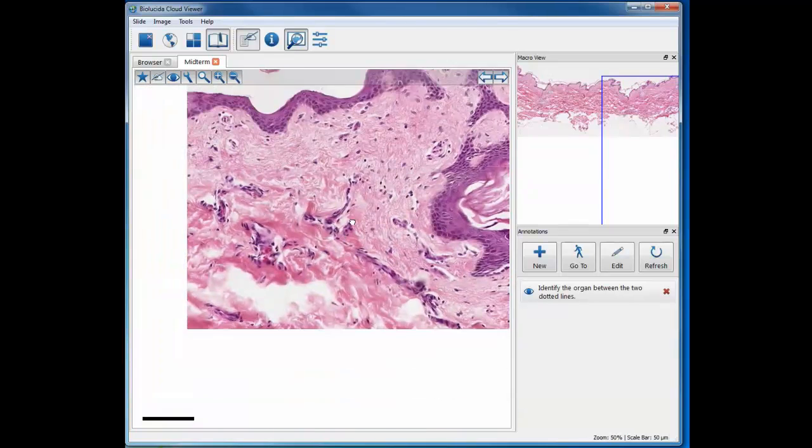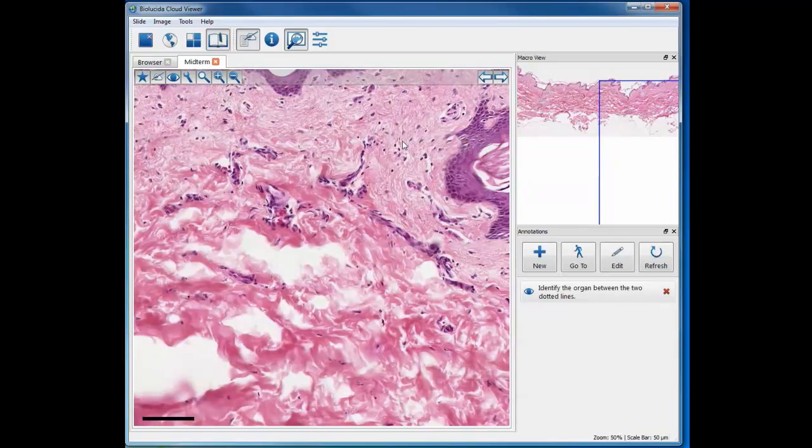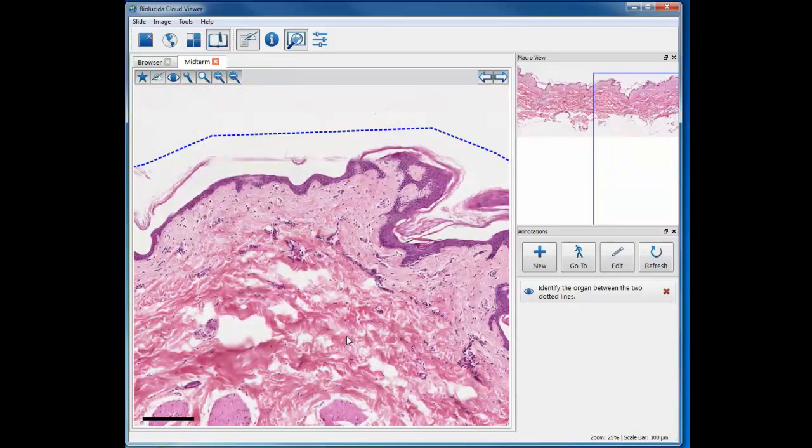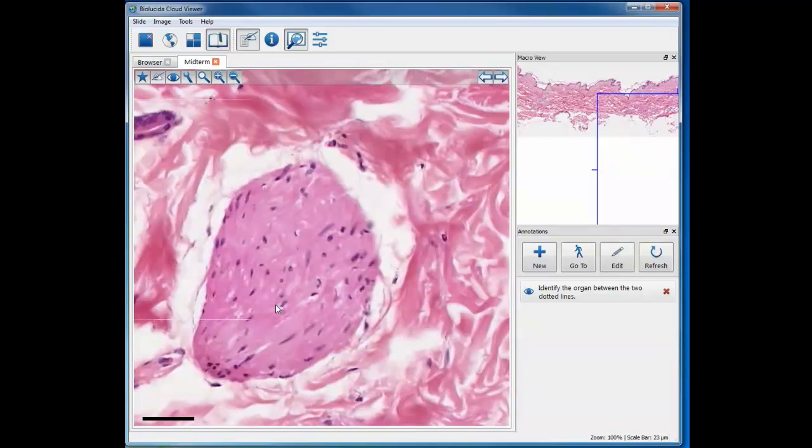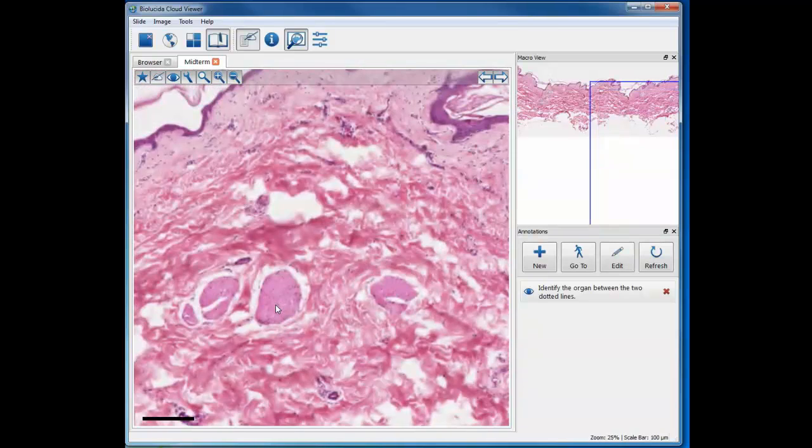Then as you go into the dermis, from the papillary layer of the dermis to the reticular layer, you see the thick collagen fibers. And then down here you have some smooth muscle cells, a part of the erector pili of a hair papilla.